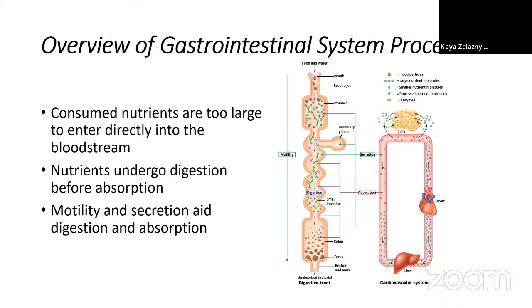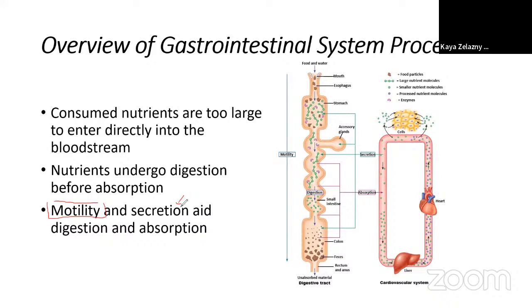So we're going to be thinking about movement, and while chewing does happen at the top of our GI system, as we move through most of the GI system, we're going to be thinking about something called motility. That's basically just the movement of squeezing things along, squeezing things through this series of tubes. We're going to be thinking about secretion.